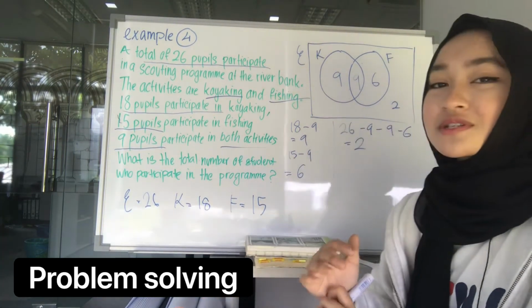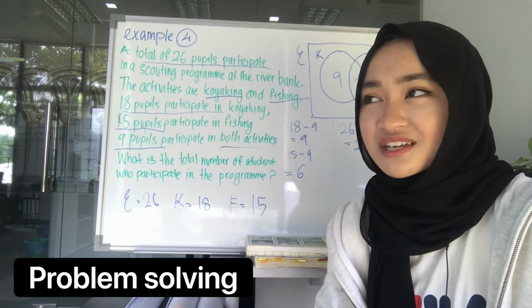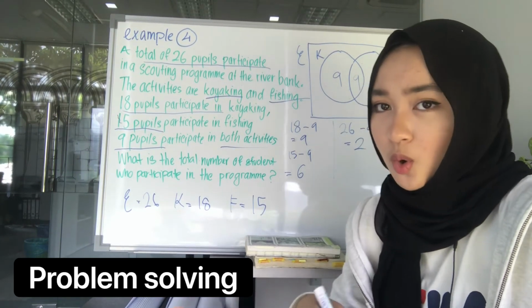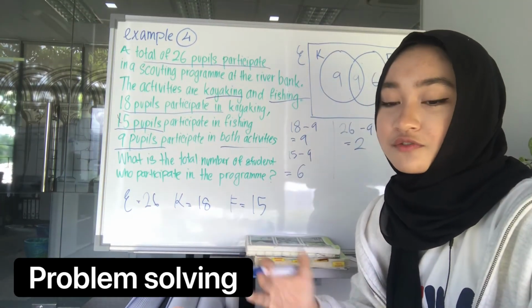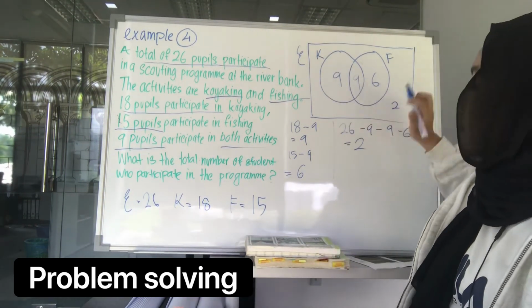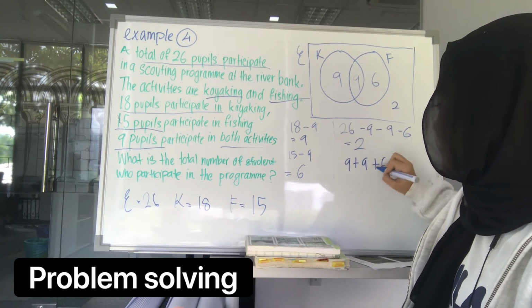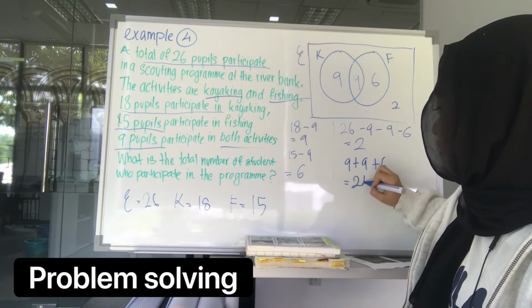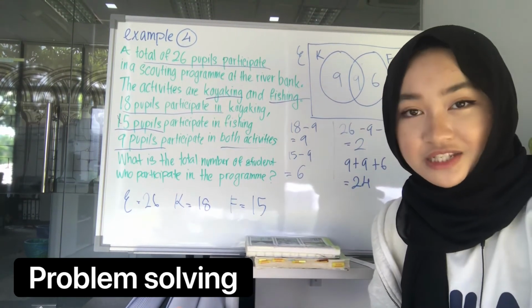Maybe these 2 students have a very critical thing or anything. We don't know. So how do we confirm? We have to add these 3 things. So 9 plus 9 is 18. 18 plus 6 is 24. So this is implementing the strategy.